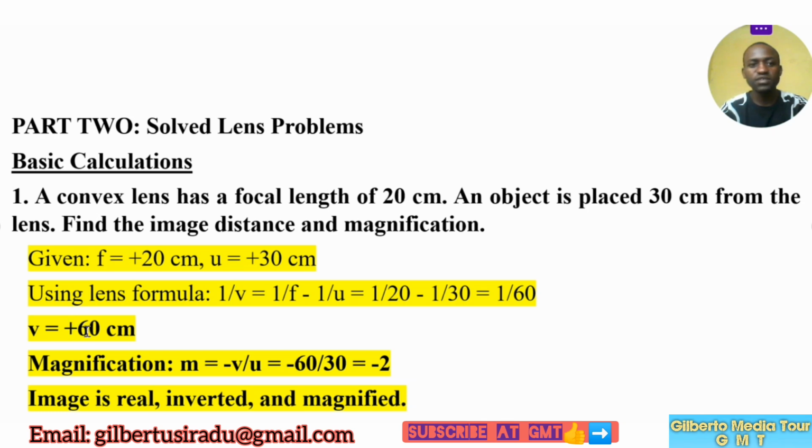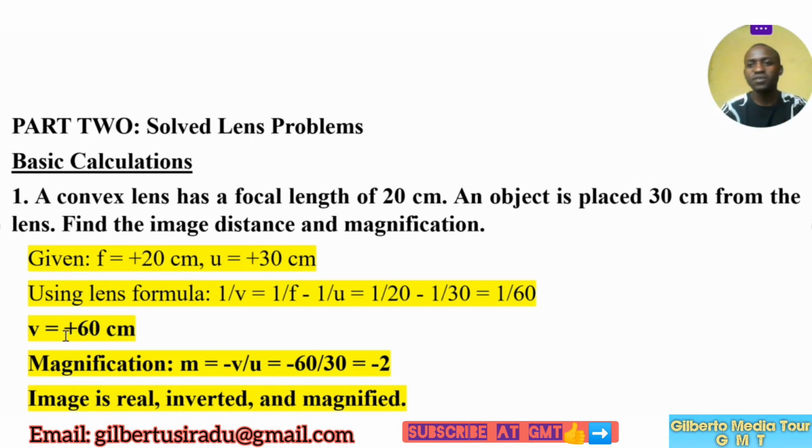The image distance is positive, which means the image is real. If v is positive, the image is real.